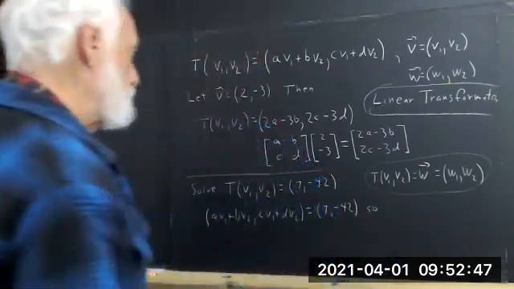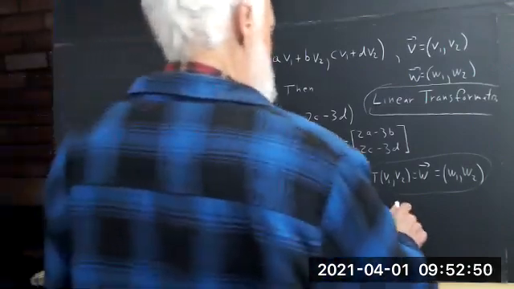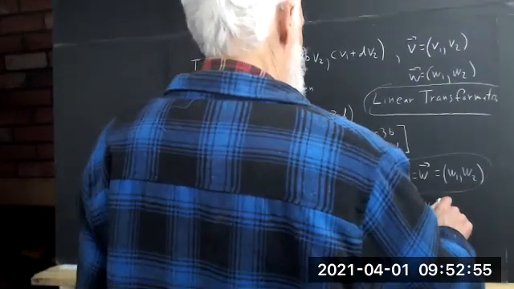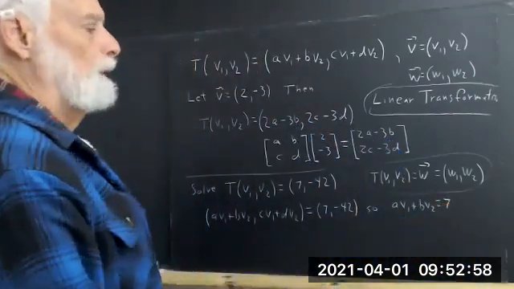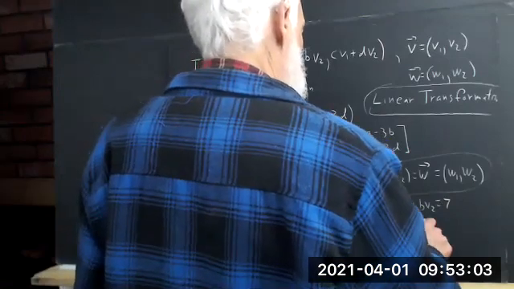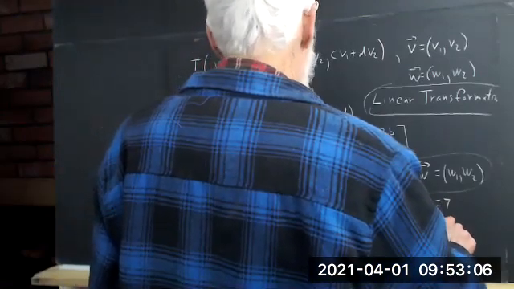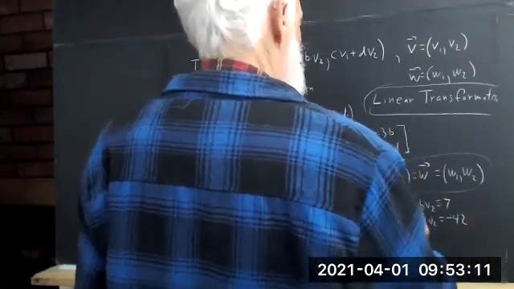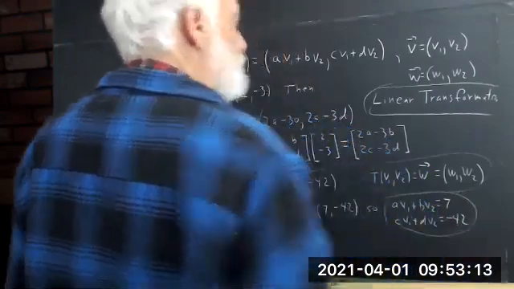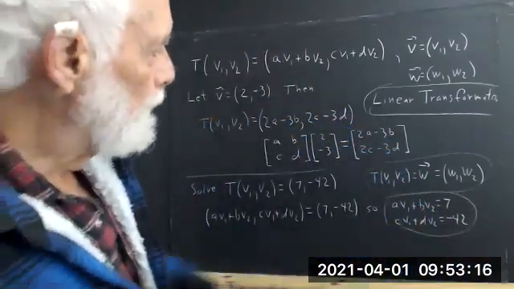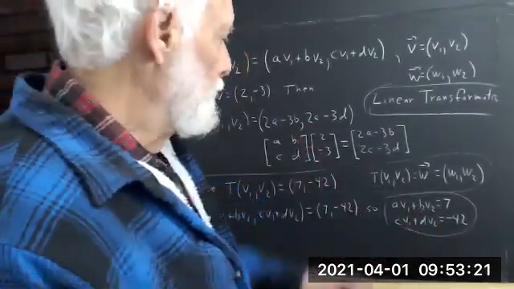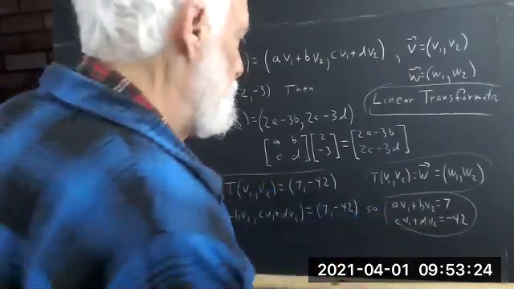So we get a system of equations: A V1 plus B V2 equals 7, and C V1 plus D V2 equals -42. This is a system we can easily solve for V1 and V2 because we have two simultaneous equations in the unknowns V1 and V2.